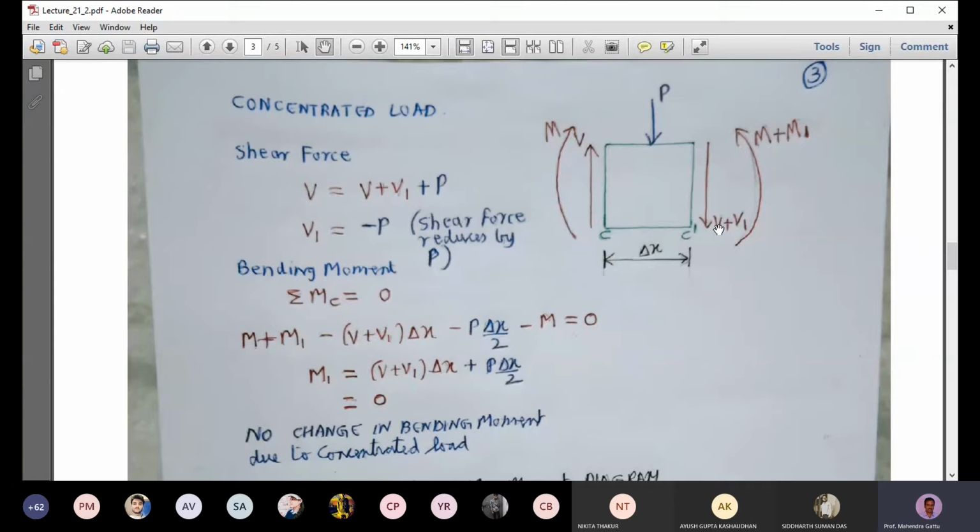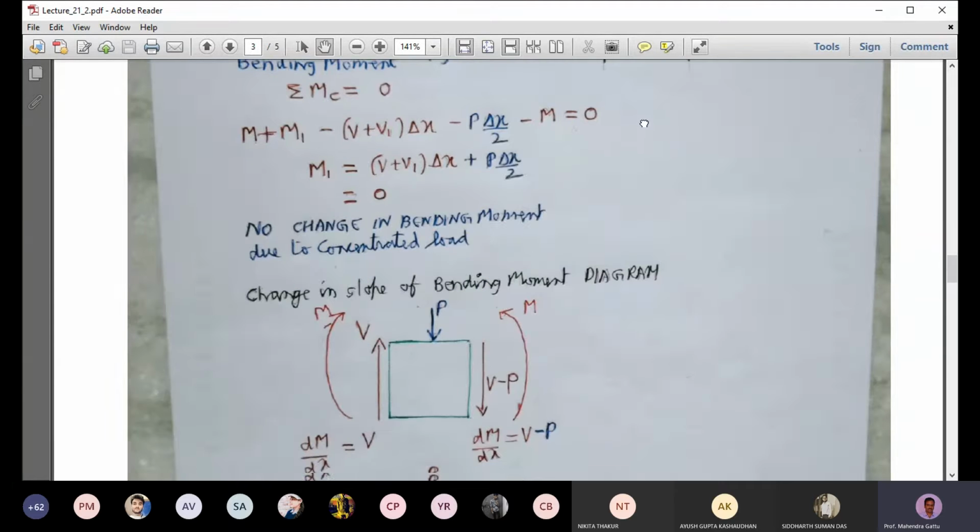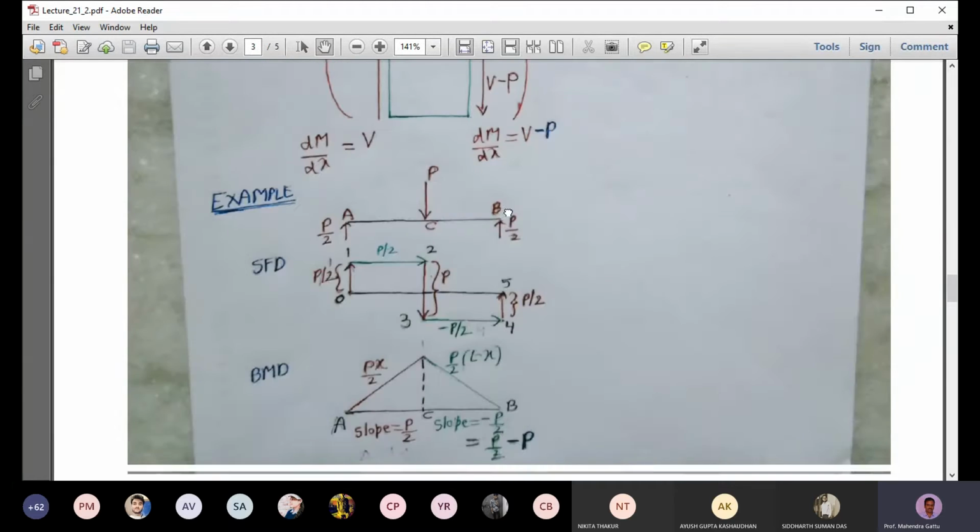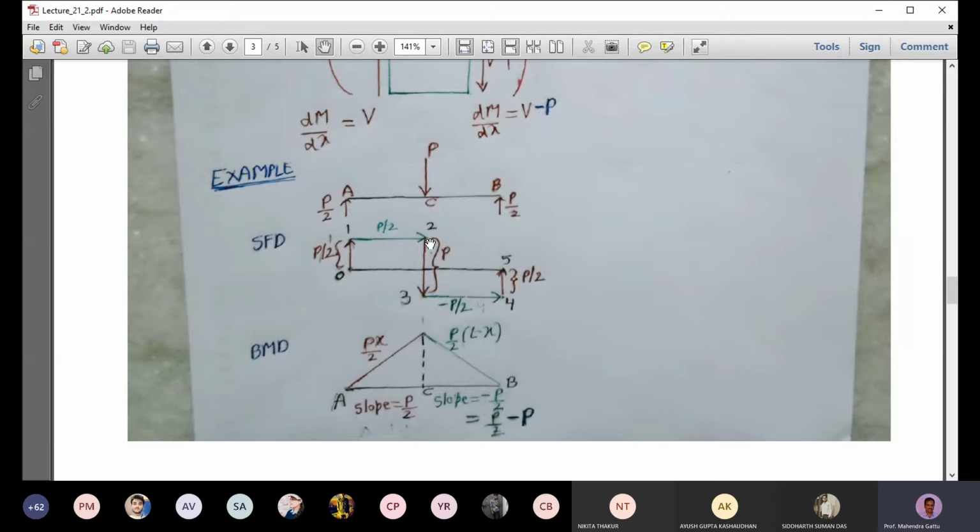Physically it means we are moving down by an amount P, which is equal to this arrow, in the direction of the arrow. So we'll go to point 3. What is the y coordinate of point 3? Here it is P by 2, and P by 2 minus P will be minus P by 2. So the y coordinate of point 3 is minus P by 2.